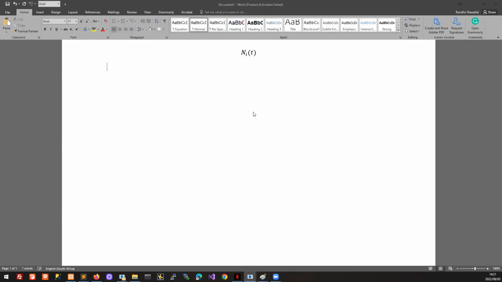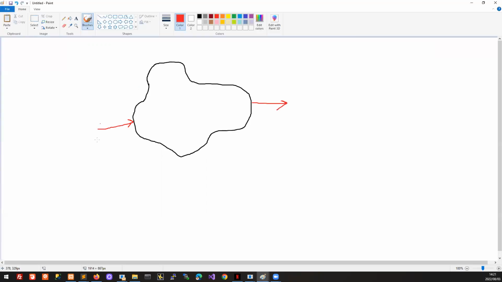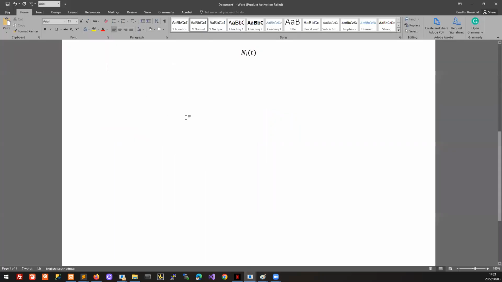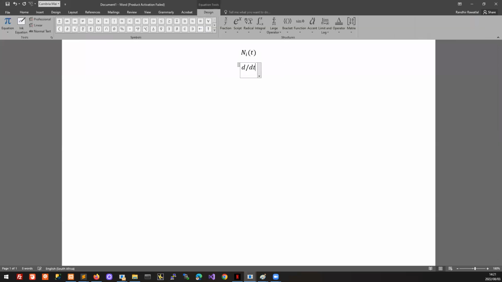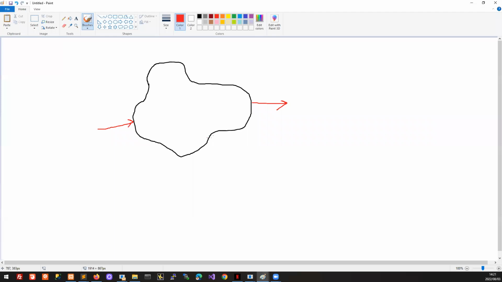So to do that, we proceed in the usual way. We think about how does the number of moles of component I change in this space. So we can write here the rate of change, dN_I/dt, of the moles of I. We can see the number of moles of I will change in the space when we feed I into the reactor and when component I leaves the reactor.